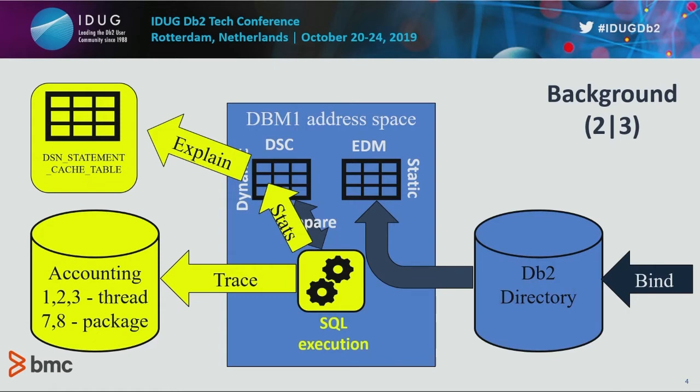But one way that you can obtain that information is with an explain. There's a parameter on explain, statement cache. When you run that type of explain, it takes all of the performance information that's in those cache entries and pulls it into an explain table called DSN statement cache table.